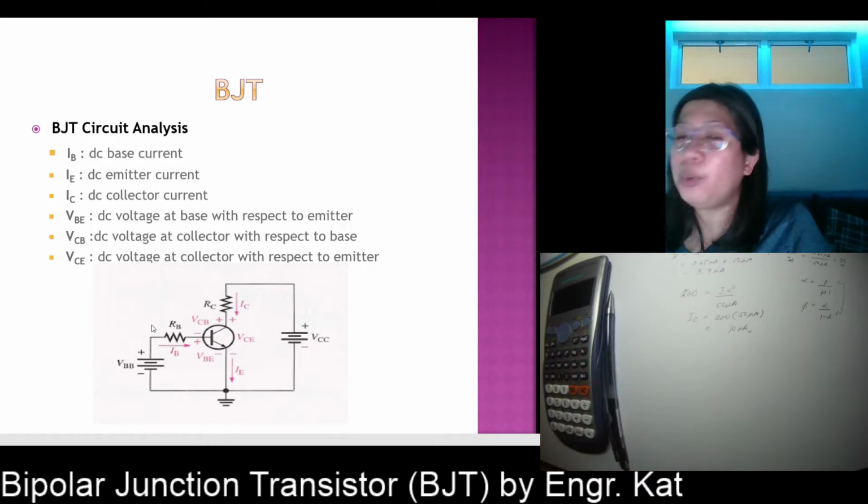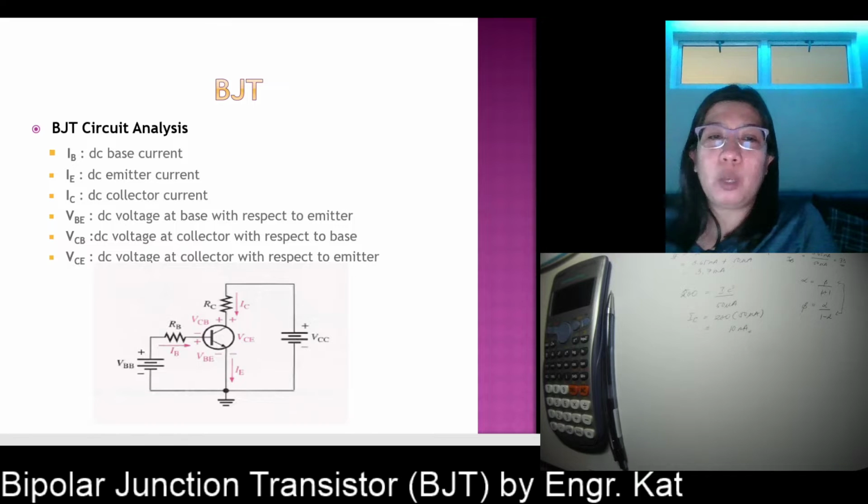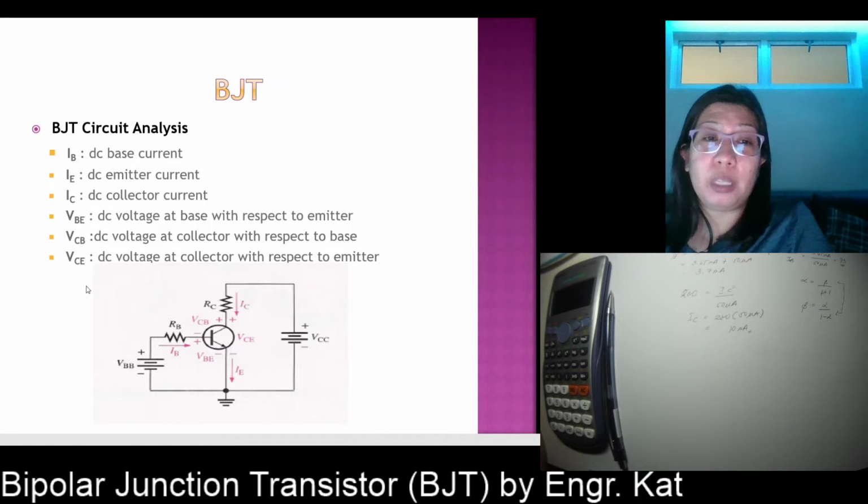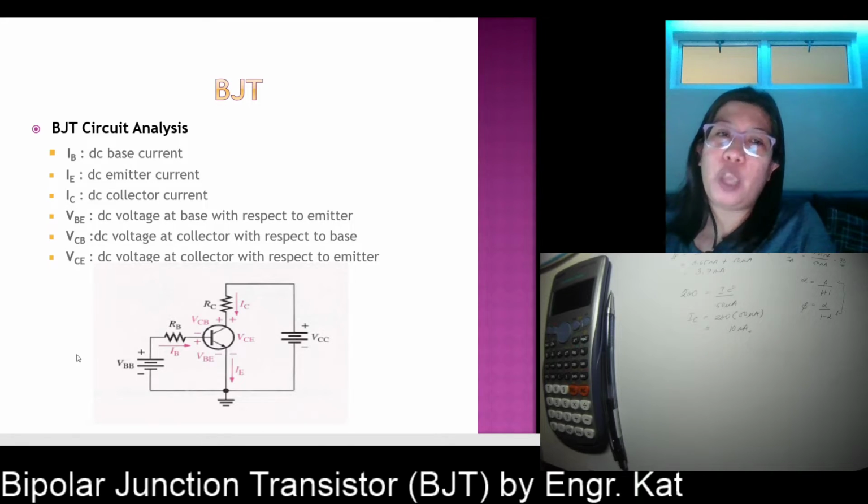If you look at the subscripts, all of them are in capital letters, so that means we are analyzing the circuit in DC first. Usually we have to determine the three currents. What are those three currents? You have the base current, the emitter current, and the collector current. And then we have to analyze three voltages. So we have the VBE. What do we mean by VBE?